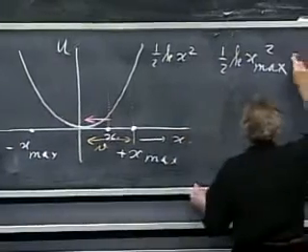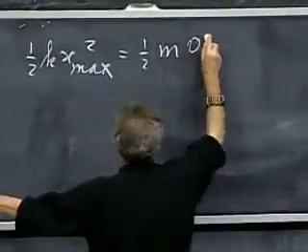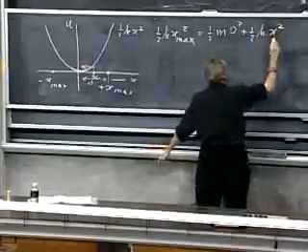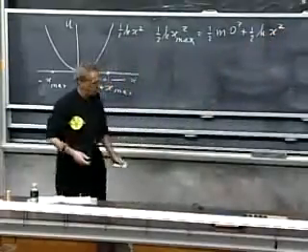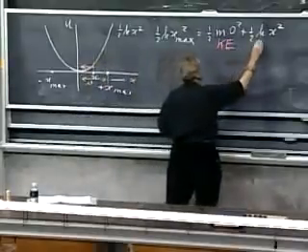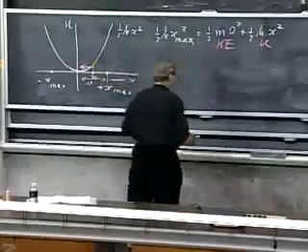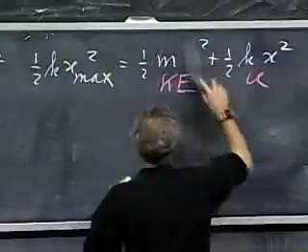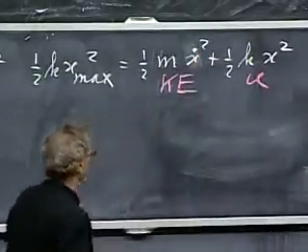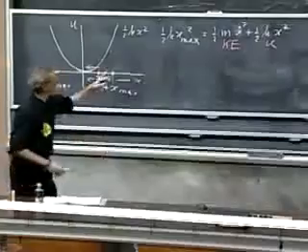That must be now 1/2 m v squared at a random position x plus 1/2 k x squared, which is the potential energy at position x. So this is the kinetic energy, and this is the potential energy. v is the first derivative of position versus time, so I can write for this an x dot. And now I'm going to rewrite it slightly differently.